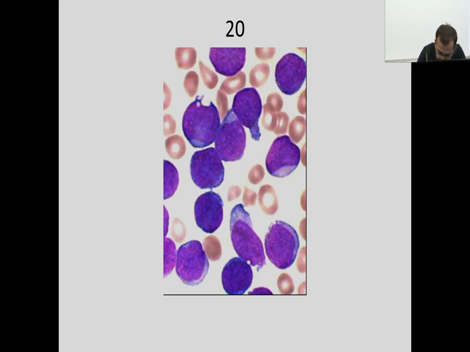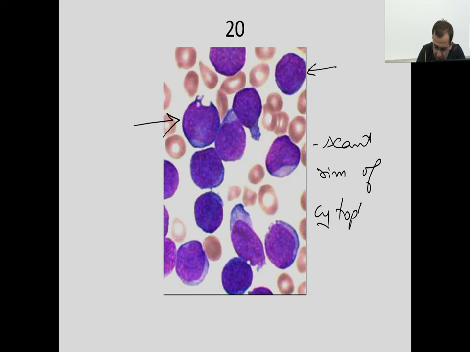What we see here is the presence of large cells, about 2.5 to 3 times the size of an RBC, with a scant rim of cytoplasm. So all these cells are lymphoblasts.